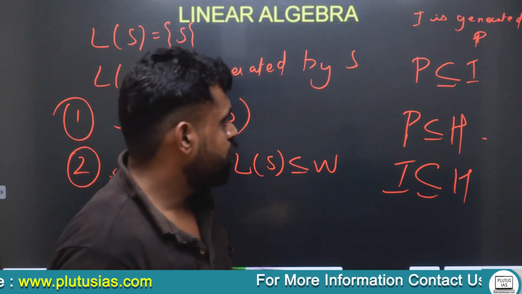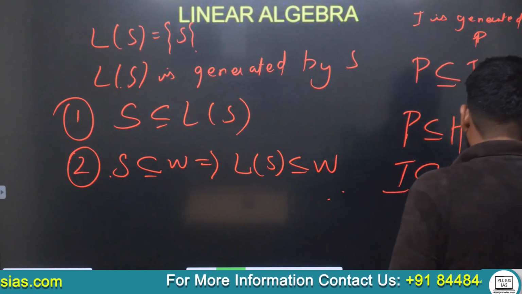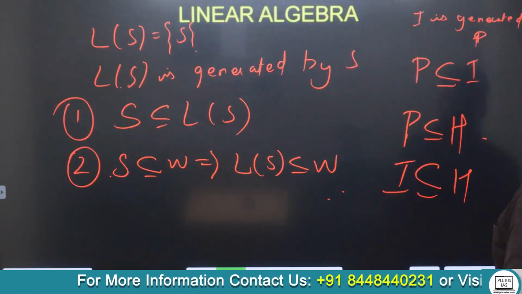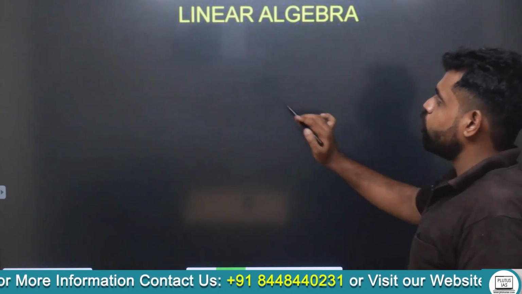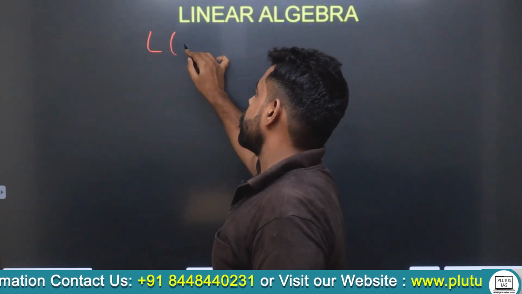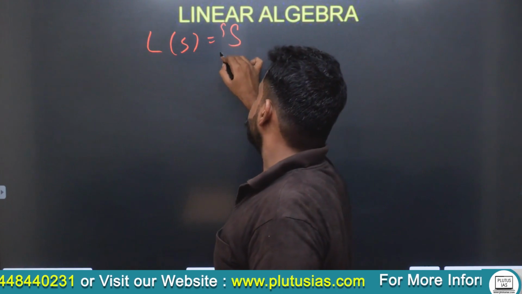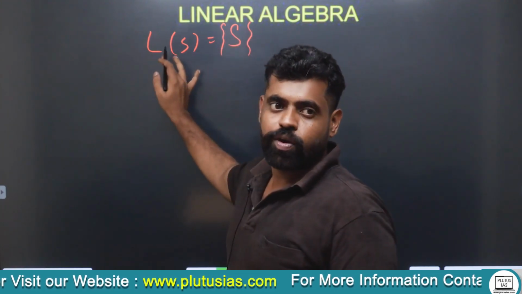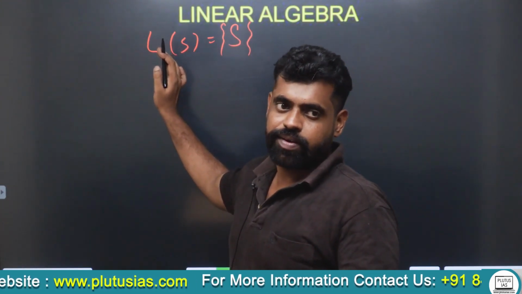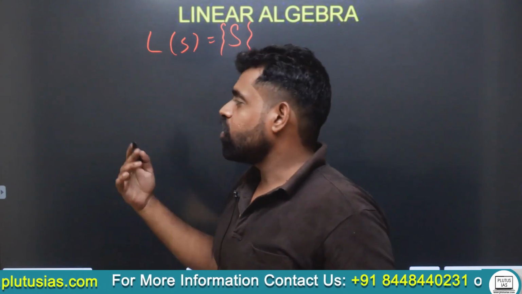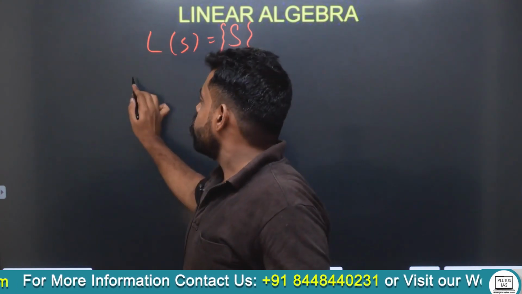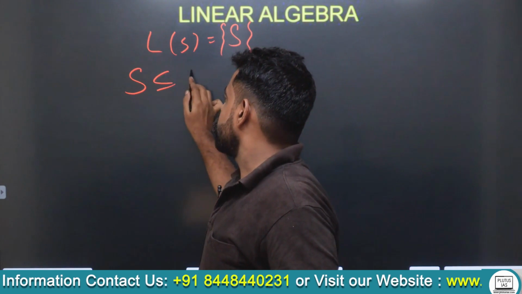Okay. So now we have to prove that L(S) is generated by S, and this is shown by this sign, L(S) equals curly bracket S. First of all, what we have to show? We have to show that S belongs to L(S).